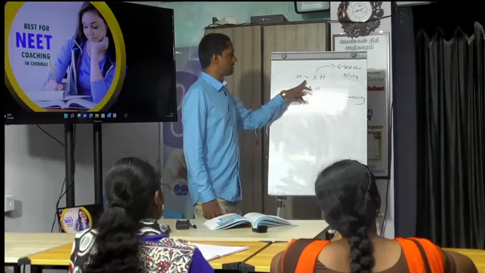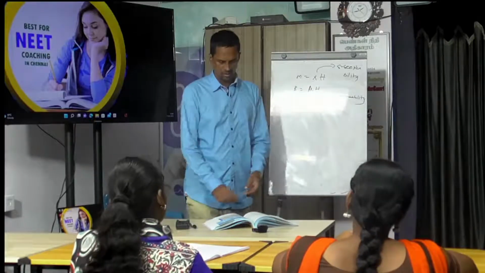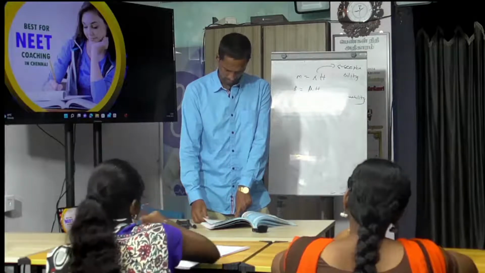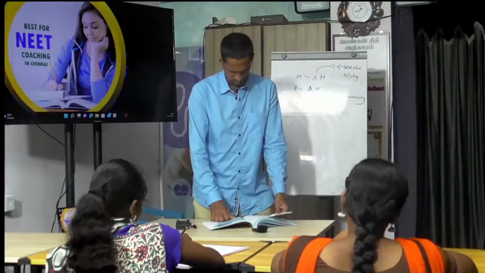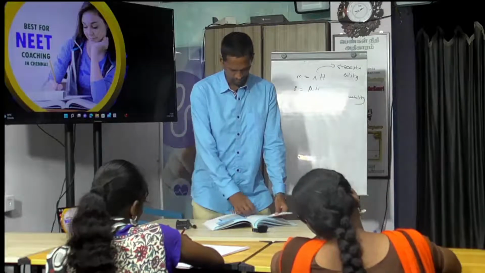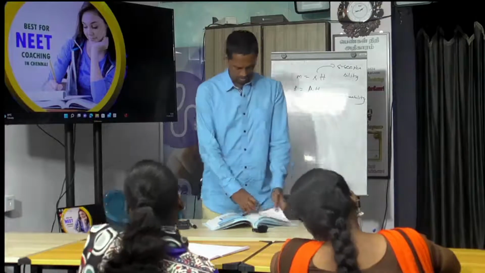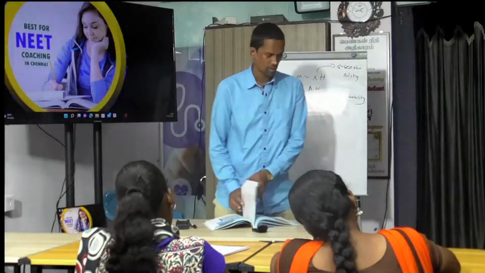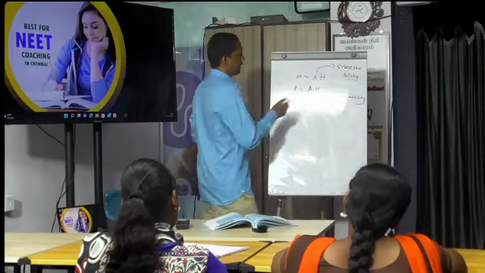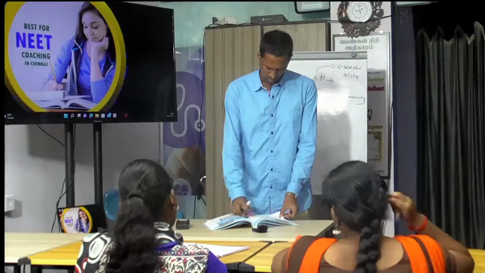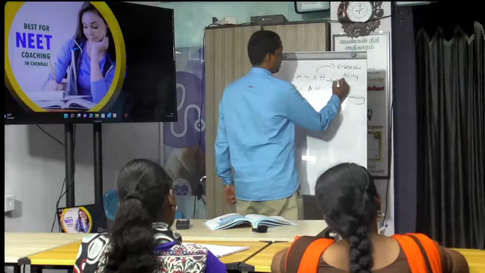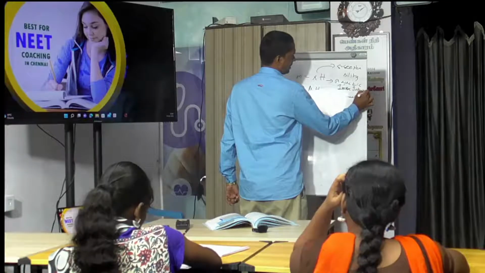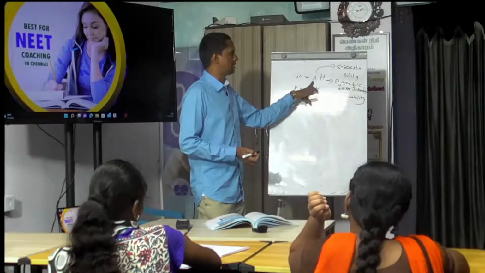Magnetization is given by susceptibility times the magnetic intensity. Magnetization is equal to magnetic susceptibility into magnetic intensity.